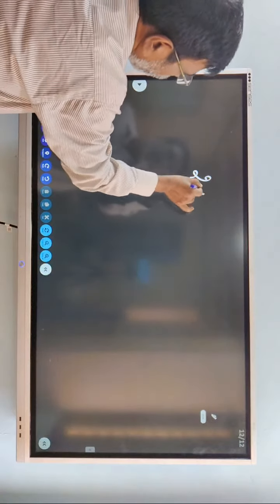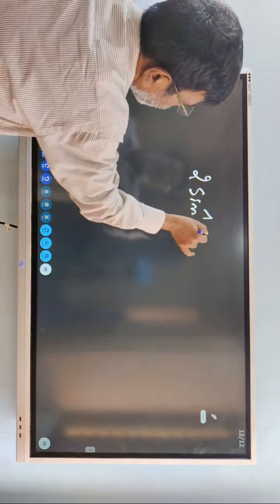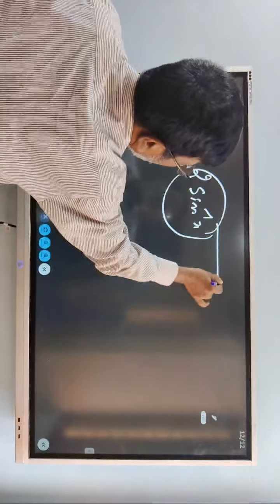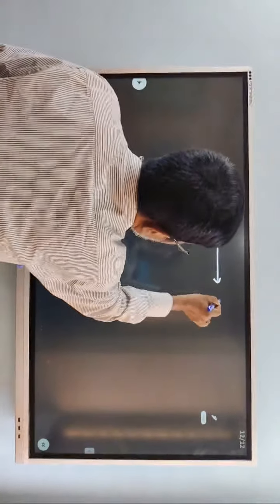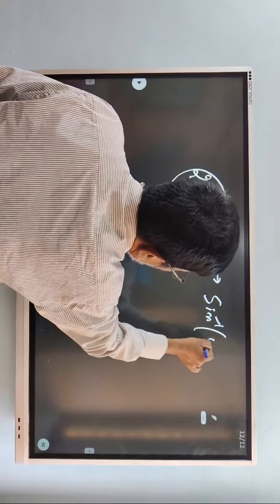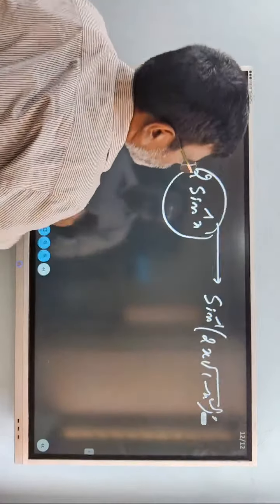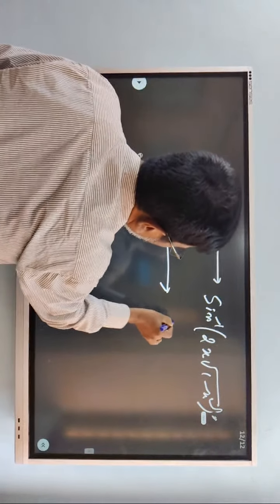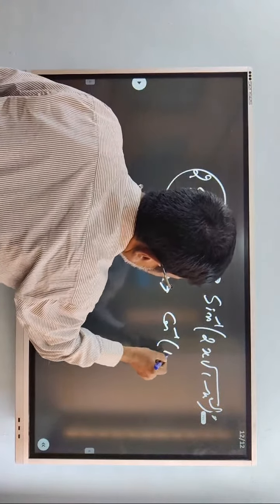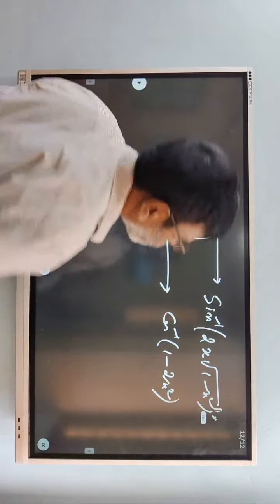Similarly, for 2 sine inverse x, what are the easy conversions? Generally sine inverse of 2x root of 1 minus x square is one conversion. In cos inverse, this is a very important shortcut: 1 minus 2x square.